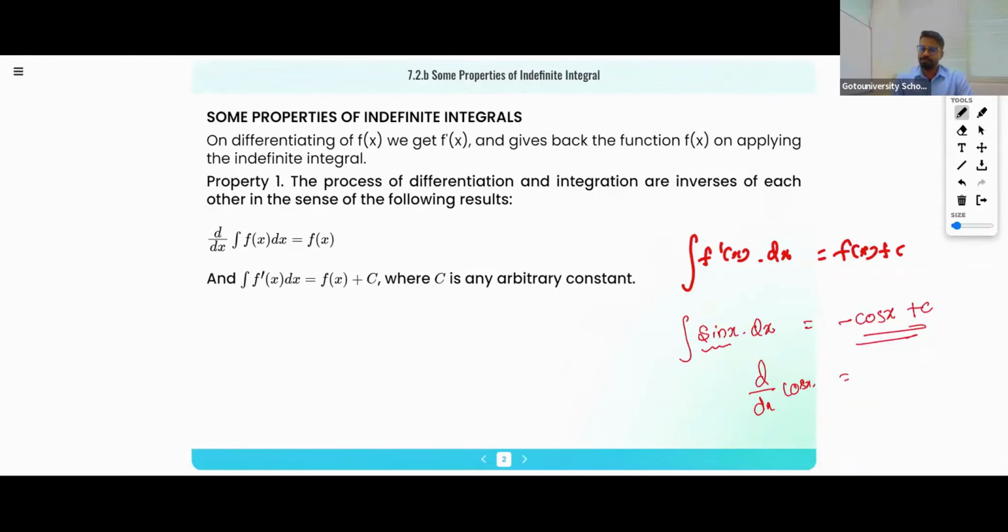Minus sin x. So whenever it is possible like this, we can do that because it is the opposite of differentiation, right? That's what is mentioned here in this property. The processes of differentiation and integration are inverse of each other in the sense of the following result. So you can check this result.